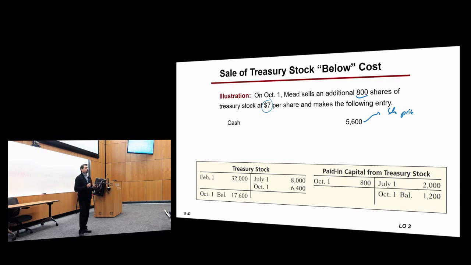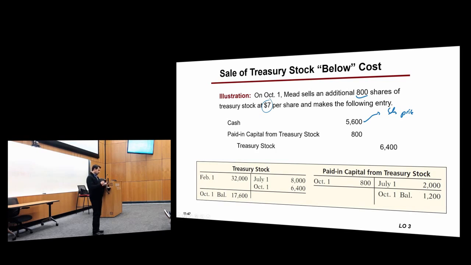What about treasury stock? It will be credited how much? 800 shares multiplied by 8. This is how much it costs, right? This is 800 multiplied by 8, which was at cost.